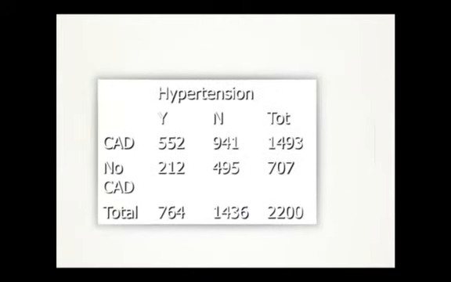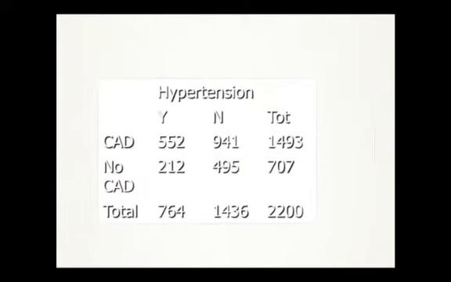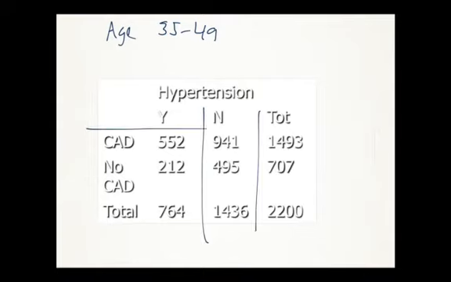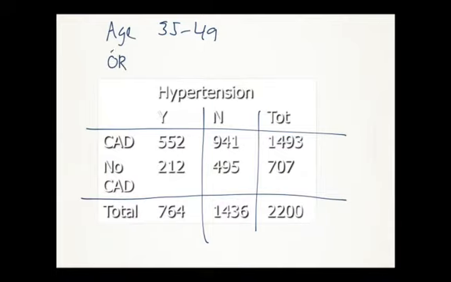Taking a look at the groups separately, here is the table for those aged 35 to 49. And again, we're looking at hypertension versus coronary artery disease.